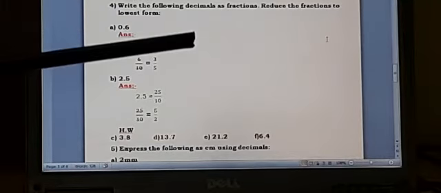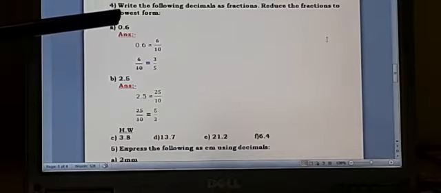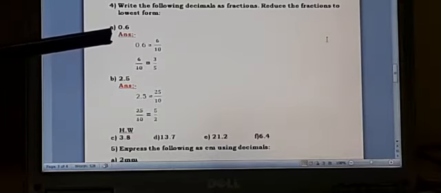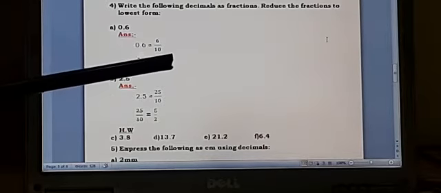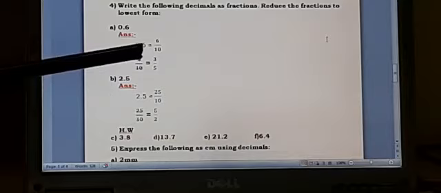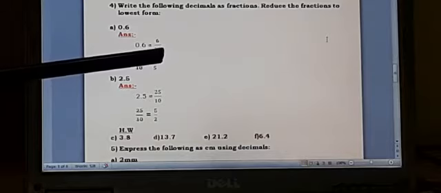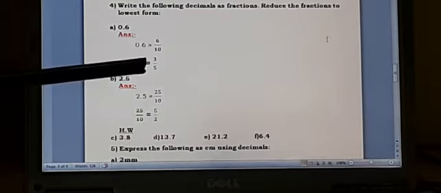Next question. They have given a decimal number. First of all we have to convert it into a fraction. Next reduce it to the lowest form. Now 0.6 is a decimal number. Convert into a fraction. After the decimal point, we have only one digit. According to the number of digits, we write the denominator.